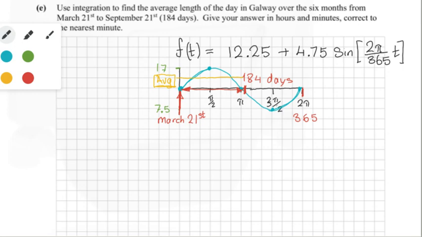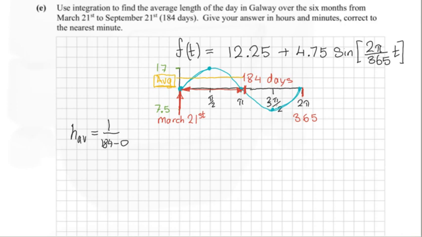Right, so the h average is going to be 1 over 184 minus 0 by the integral between 184 and 0 of f of t dt. So that's going to be 1 over 184 by the integral inside.